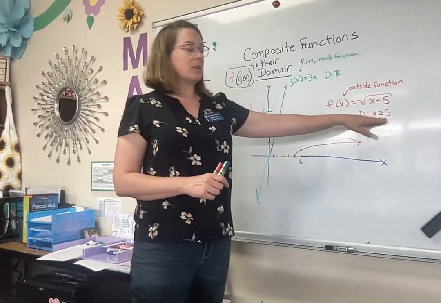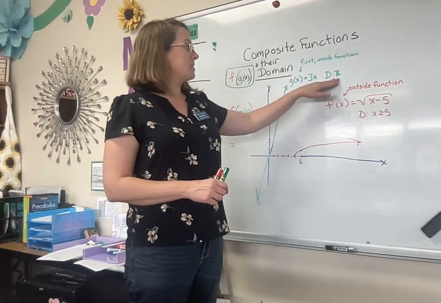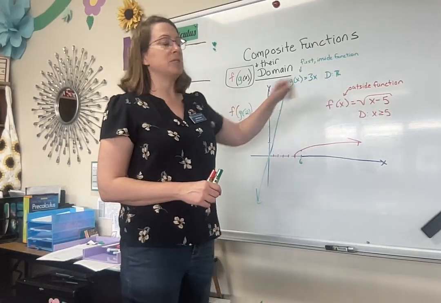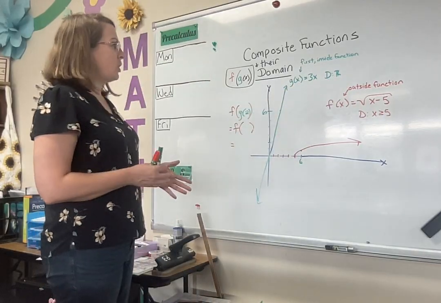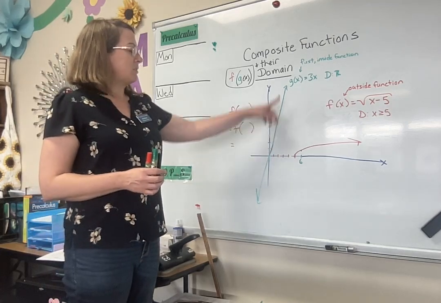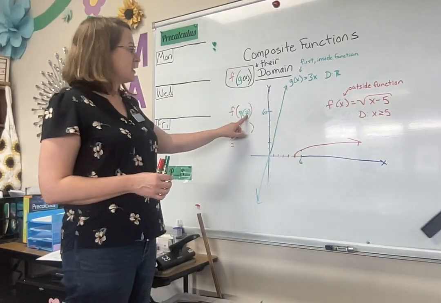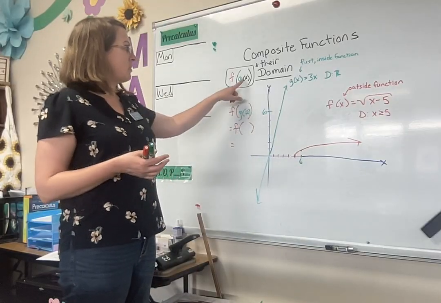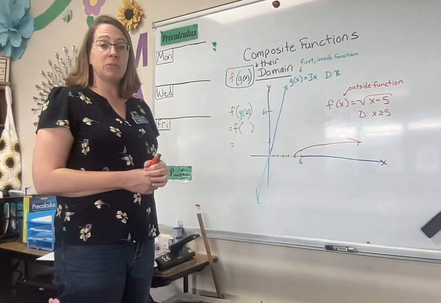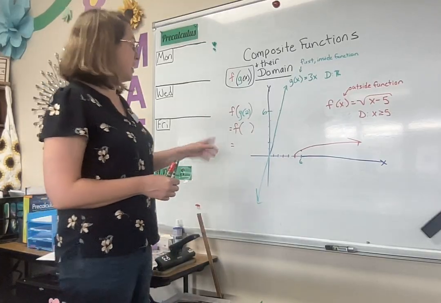I know that this function by itself, f of x, has a domain restriction. This green function, g of x, does not have a domain restriction. But I want to know, is something like 2, which is in the domain of g of x, but is not in the domain of f of x, still in the domain of the composition, f of g of x? That's my question.